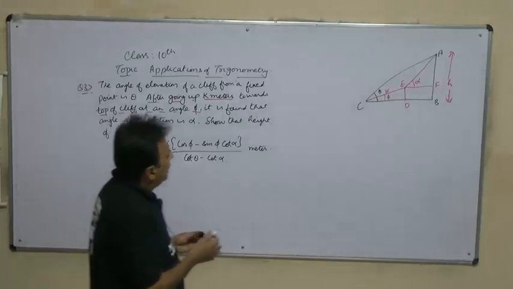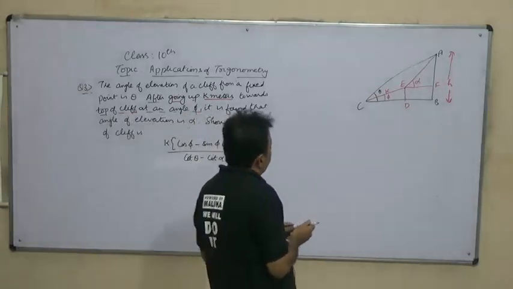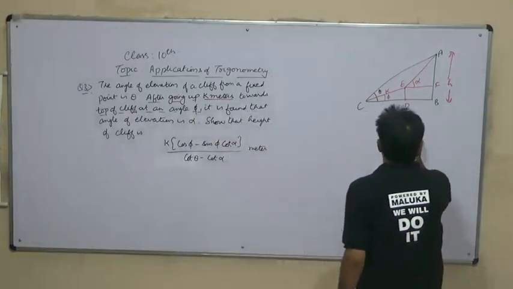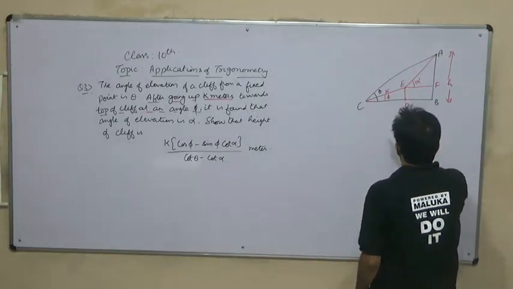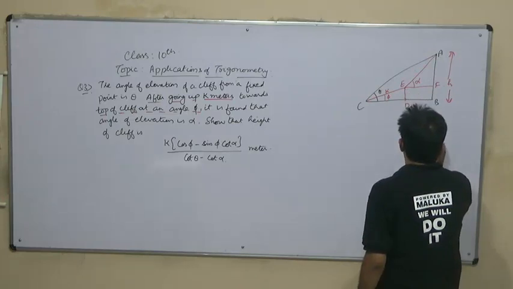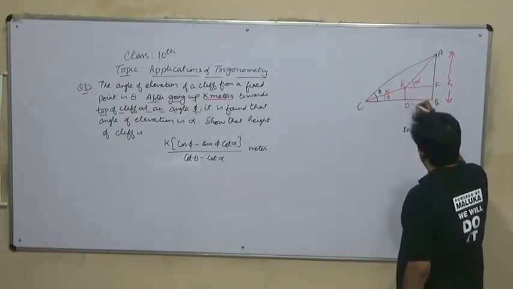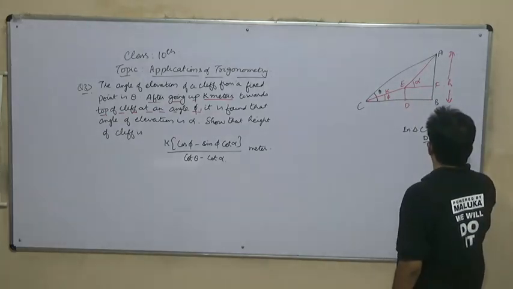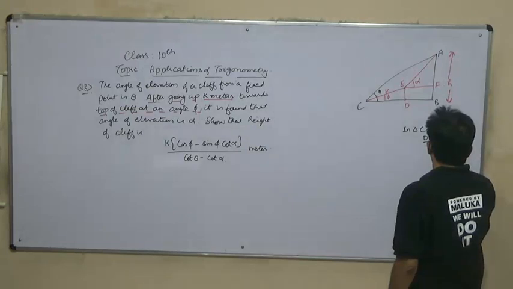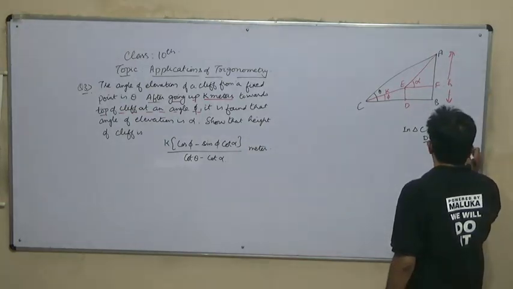Now in triangle CDE, what we observe in triangle CDE: DE upon K, DE is the perpendicular and K is the hypotenuse, so this is sin phi, and DE is equal to K sin phi.